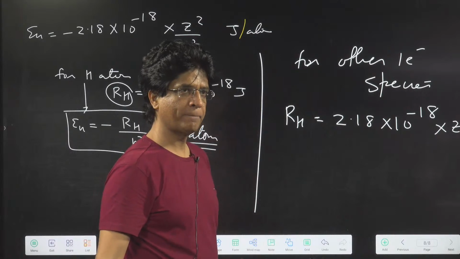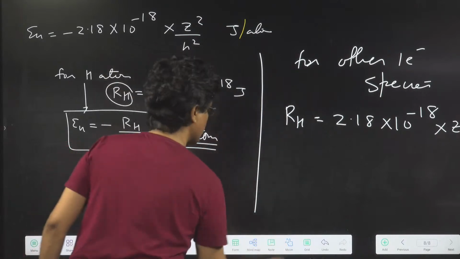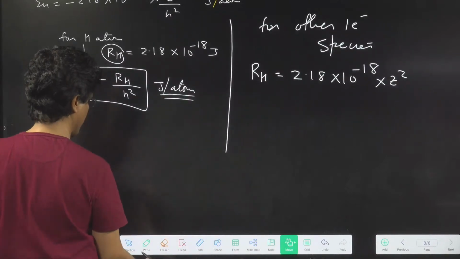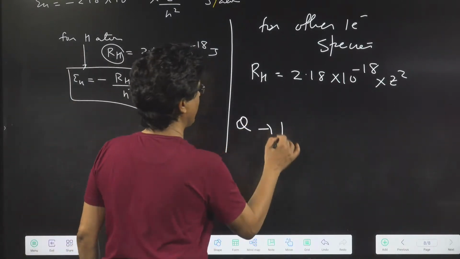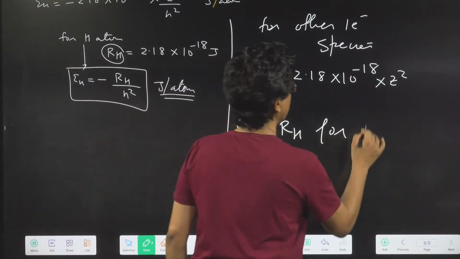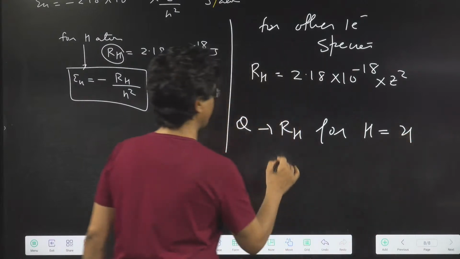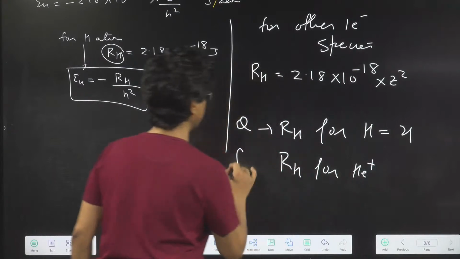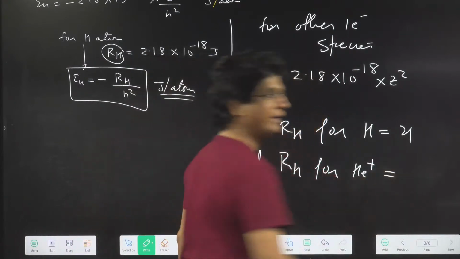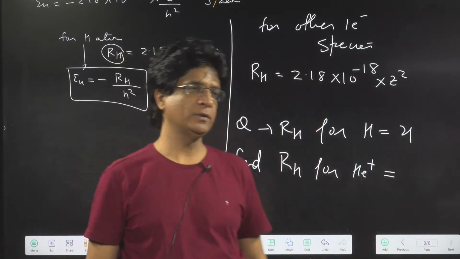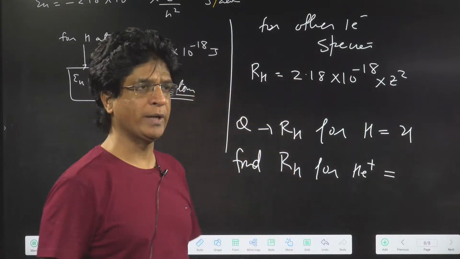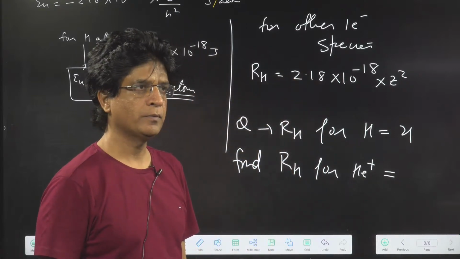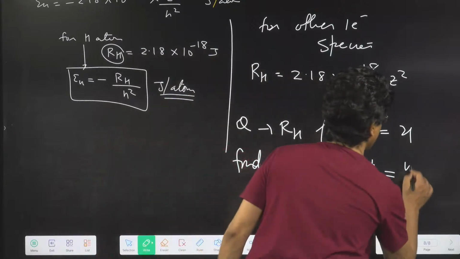Yes or no? Suppose they give you a question that RH for hydrogen is, say, X. Then find RH for helium plus. The answer will be, multiply that by Z square, so it will be 4X.